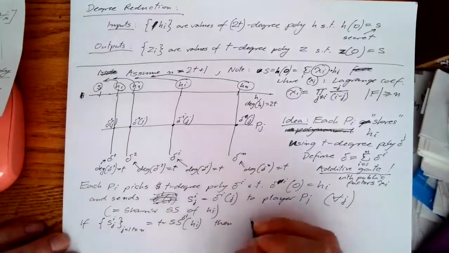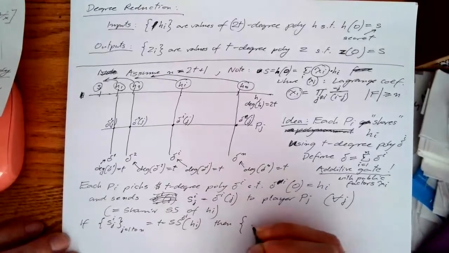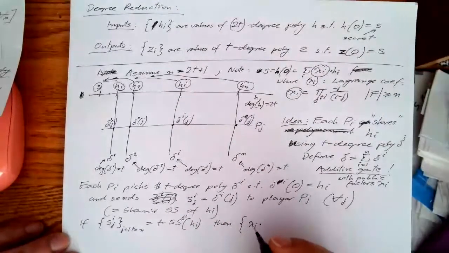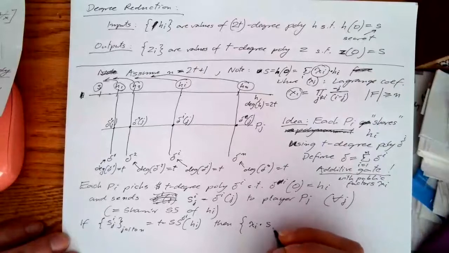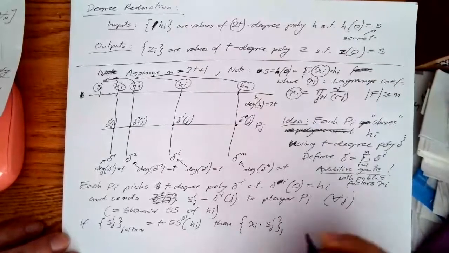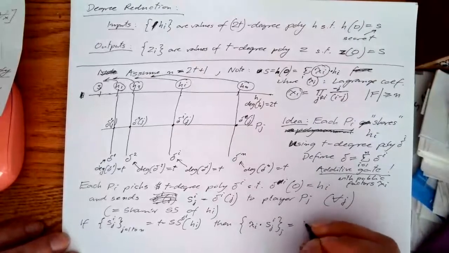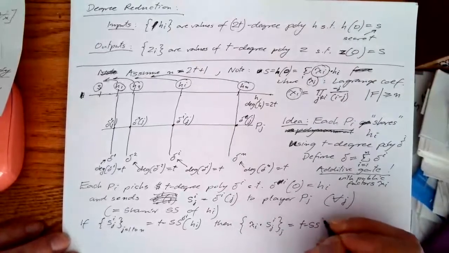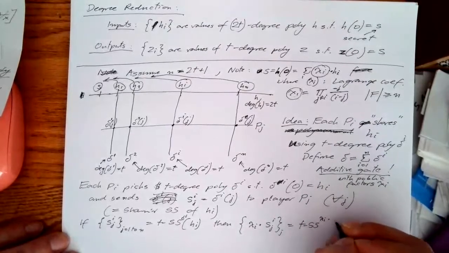then if you locally multiply your share by this public factor alpha i, you are going to get a t-degree secret sharing using a polynomial that basically is this public factor times the polynomial, right?